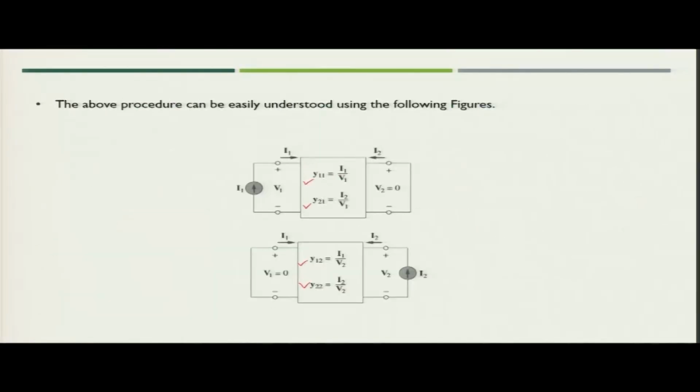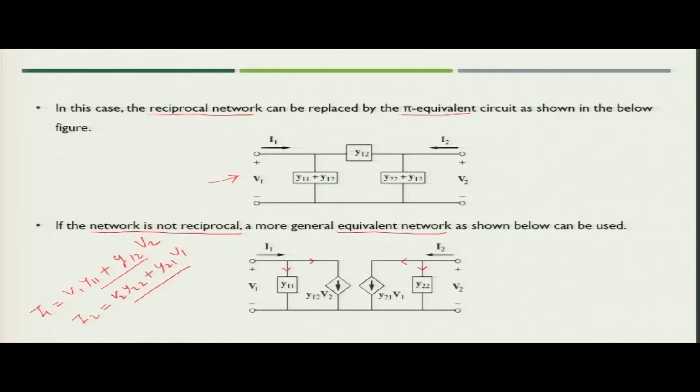So, we can say that with the help of this particular equivalent network, any two port network can be represented as shown in the figure.